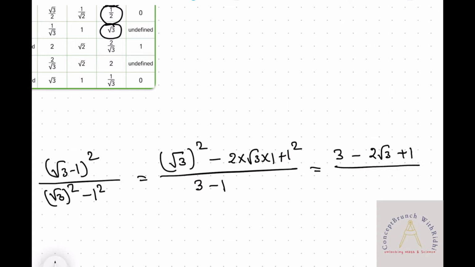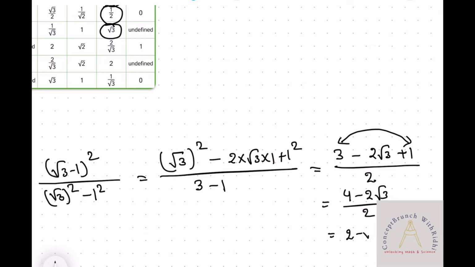Like terms 3 plus 1 will be added, it becomes 4 minus 2 root 3 divided by 2. What is the common part here? 2, right? So we can take it common and remove it. So remaining is 2 minus root 3, and this is your RHS.